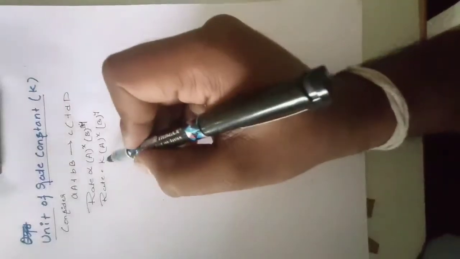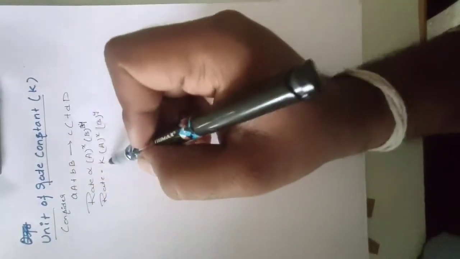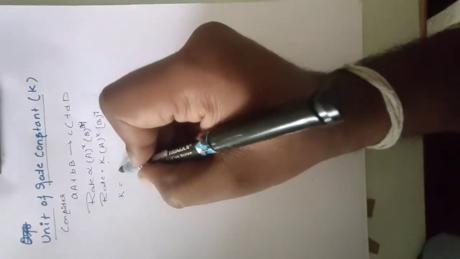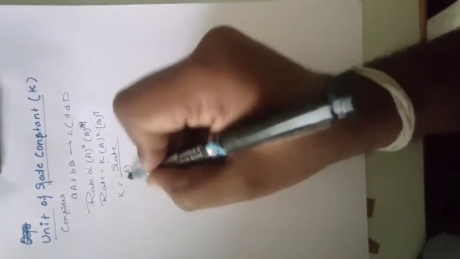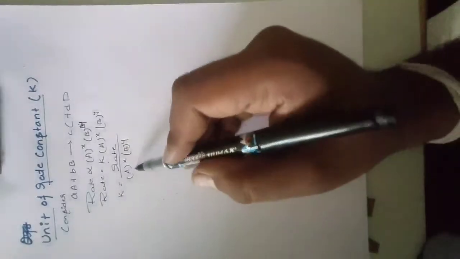We are finding the unit of the rate constant, which means we are finding k. If we keep k on the left side, k equals rate divided by A to the power x and B to the power y. What are A and B?